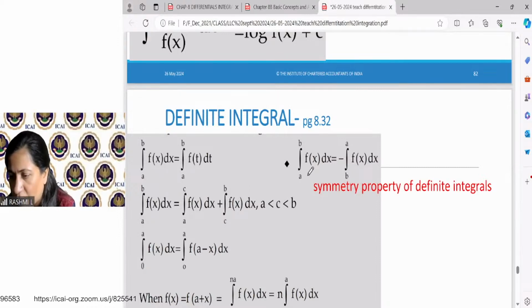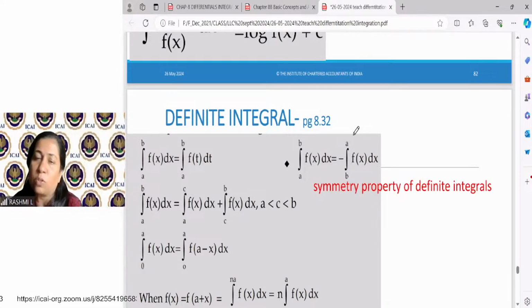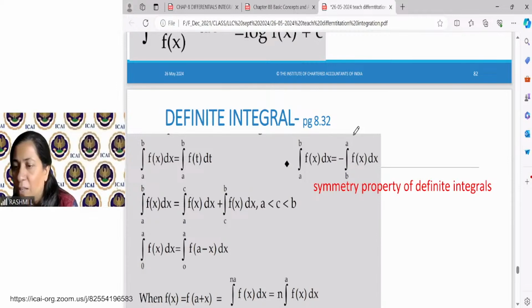Symmetric property of definite integral is integral of a to b of fx is equal to minus integral of fx from b to a. So if you just change the direction, going from b to a instead of a to b, there is only a change in the sign.